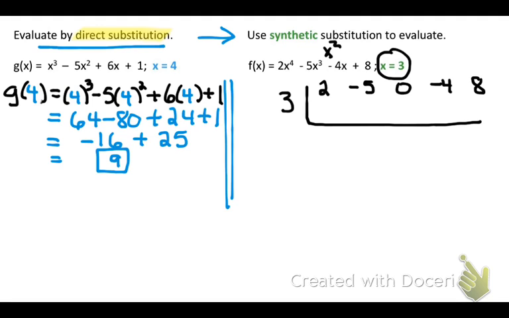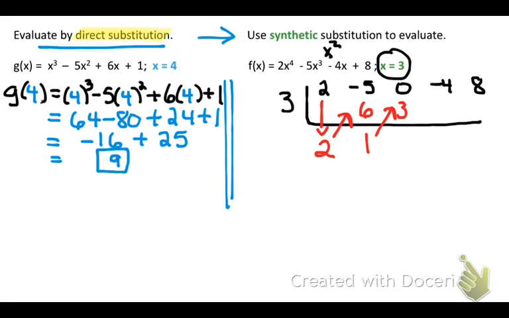To begin, we bring down the leading coefficient, which was 2, then multiply it by the x value. So 3 times 2 is 6, and we write the 6 beneath the second coefficient. Then we add those two. 1. 3 times 1 is 3.